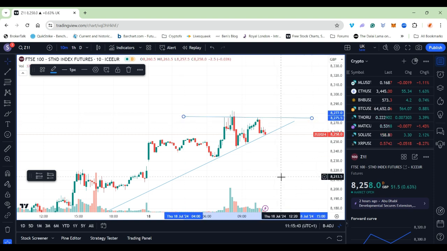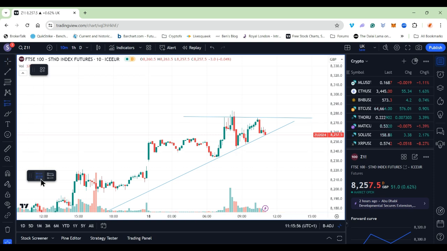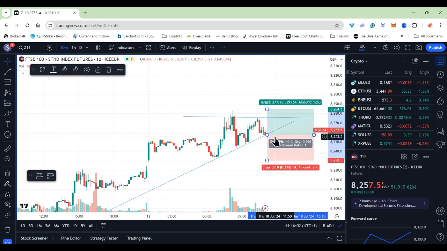I'm going to show you how I would buy this market, where I place my stop and where I place my profit target. So if we look over here, we've got the forecasting and projection symbol. So we click on this at the left. You can click on it right there. So the middle line, if you remember, is your entry.